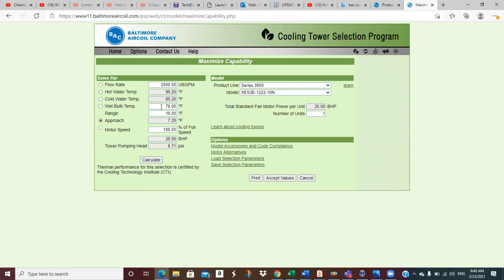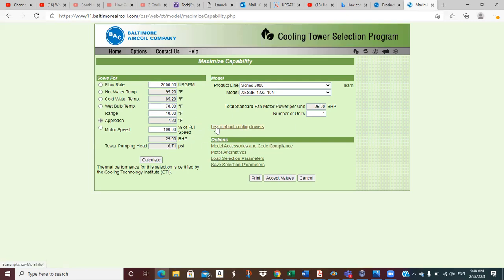So it took 78 and a 10-degree range. According to this, to make that work, you've got to put in 95.2 and you'll get 85.2 out. So it's got performance criteria built into it, and you could do a little study on the performance of the cooling tower. I'm sure this is their measured, or at least validated, calculation model for all this. So you've got stuff like that.